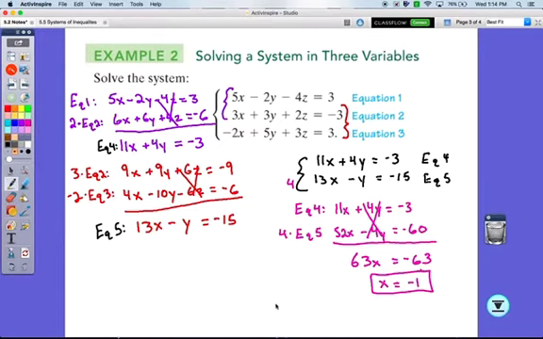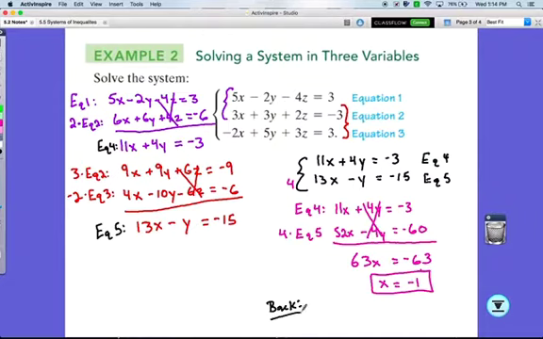All right, so if I back substitute, I'm going to take that negative 1, I'm going to plug it back into one of these equations, either equation 4 or equation 5. All right, I'm going to do equation 4. So equation 4, 11 times the negative 1 plus 4y is equal to negative 3.